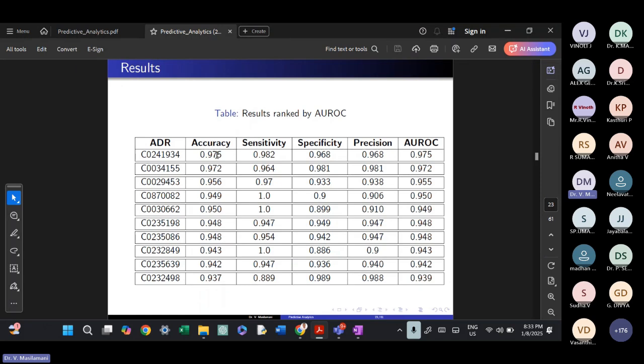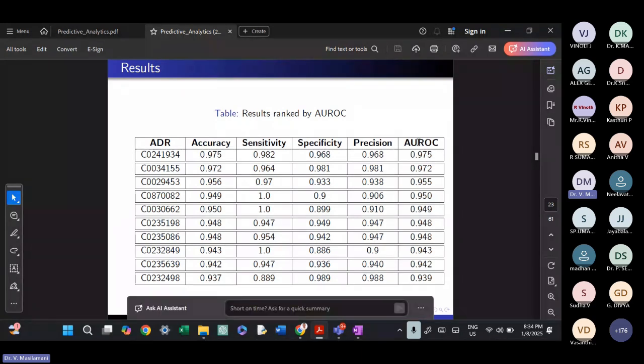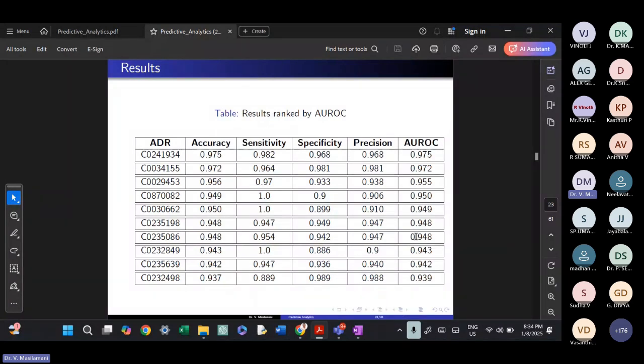Accuracy is 0.975 and sensitivity is 0.982, specificity is 0.968, precision is 0.968, and so on. AUROC is 0.975. Like that, for each of the ADRs, the data is reported. Out of all this, AUROC is a better metric. You can see here it is all more than 0.9, which is an indication that the model is doing well. The maximum value of AUROC is 1. It is close to 1.